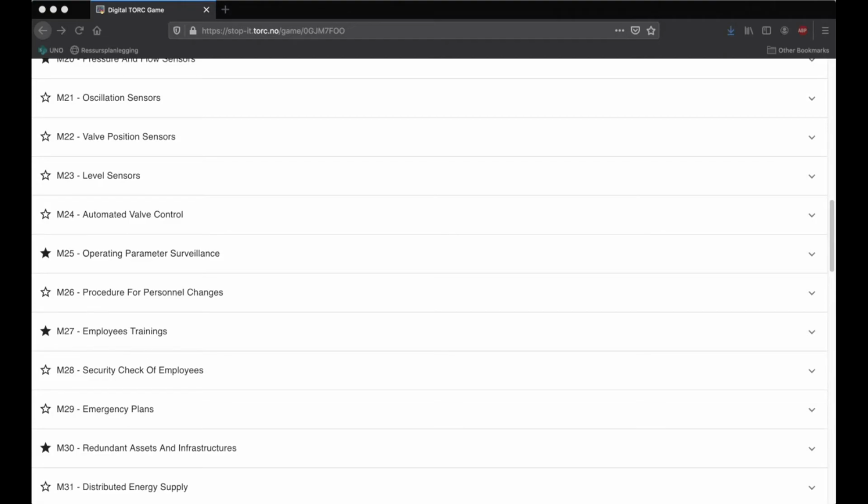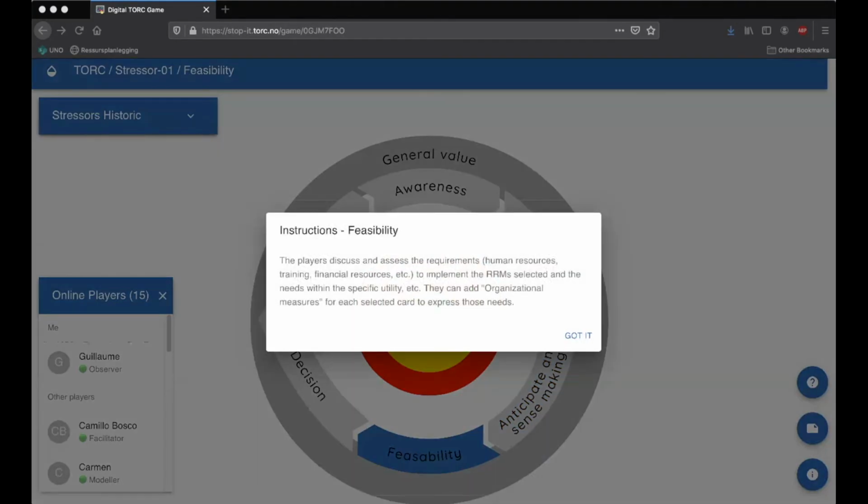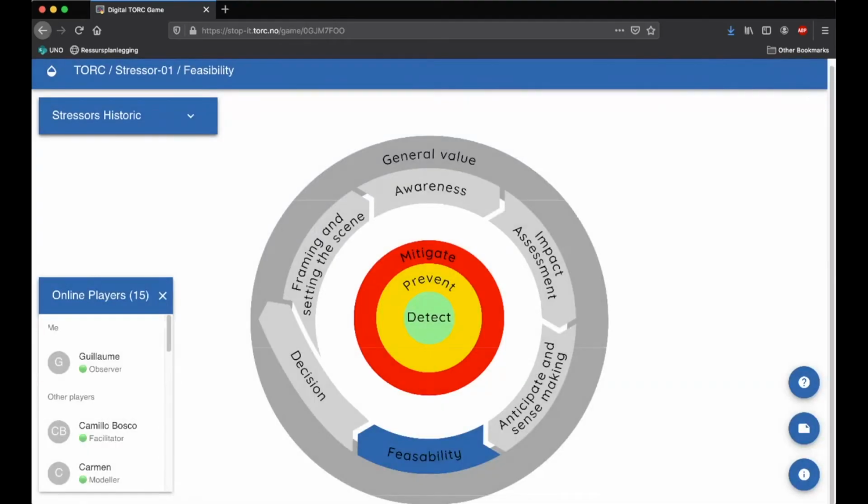Okay. So yes, it can be selected, but then it comes to the feasibility evaluation. So if we go to the feasibility again, we should see what we have written before. Yes, so redundant assets and infrastructure.